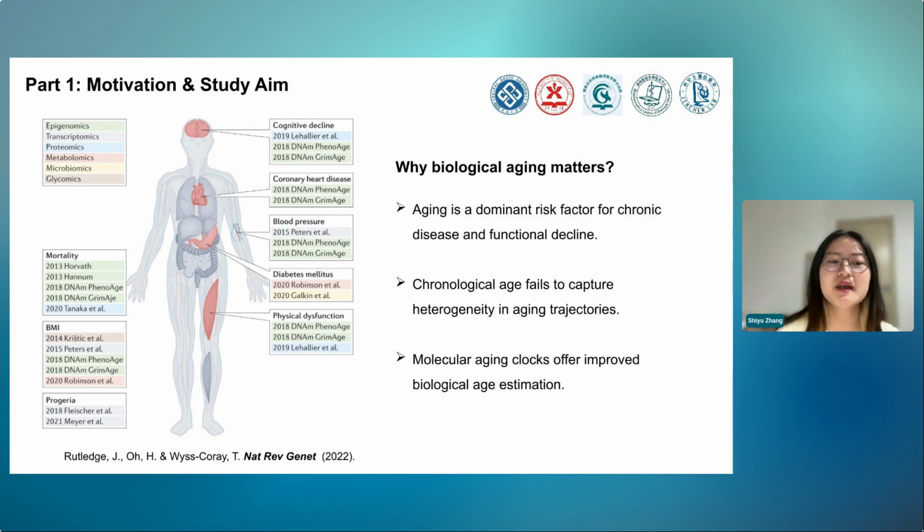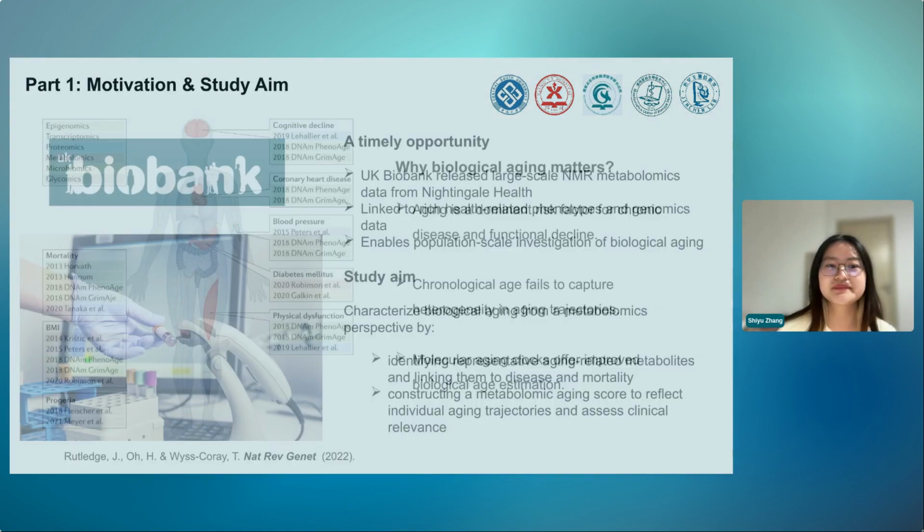And recent multi-omics-based aging clocks have shown strong potential for quantifying biological aging and predicting disease risk. Among these, the plasma metabolome provides systemic and dynamic signals that closely reflect an individual's physiological state and overall health.